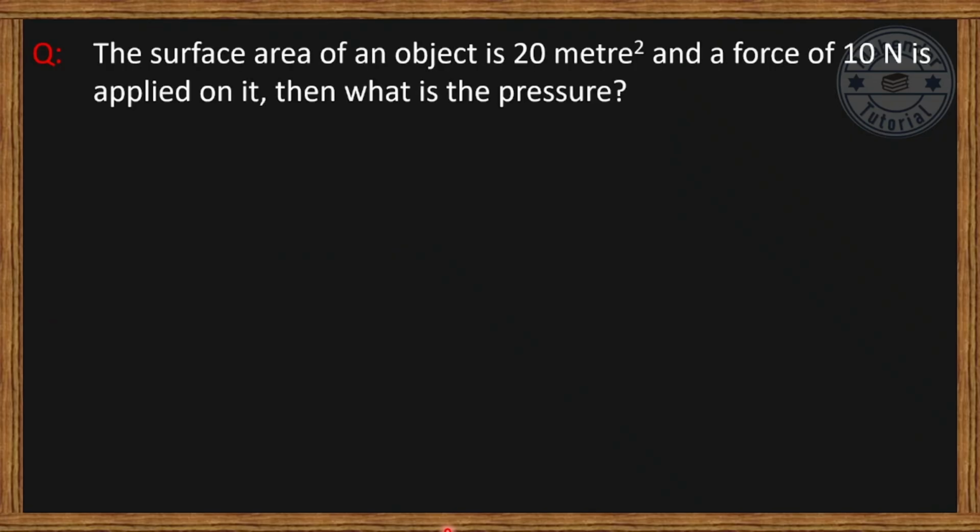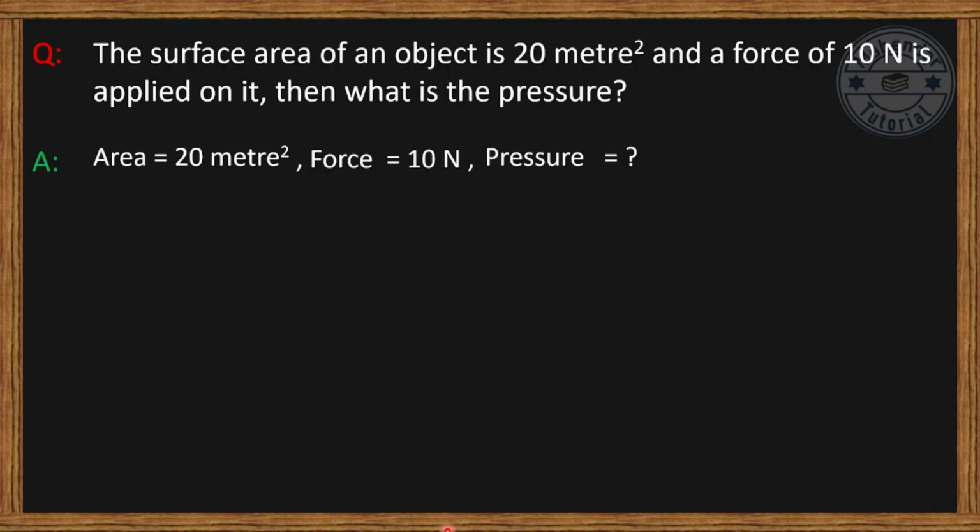Here is a numerical based on pressure. The surface area of an object is 20 meters square and a force of 10 newtons is applied on it. Then what is the pressure? First of all, we have to write the values given in the question. Area 20 meters square, force 10 newtons.